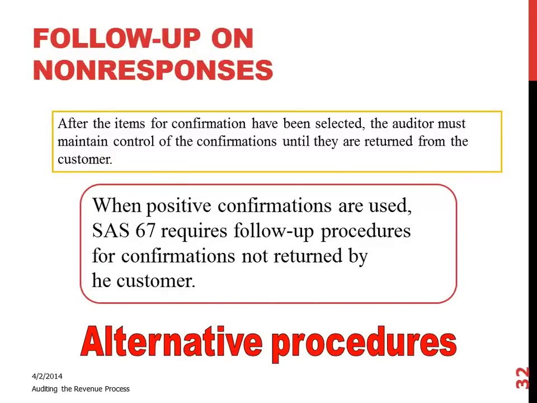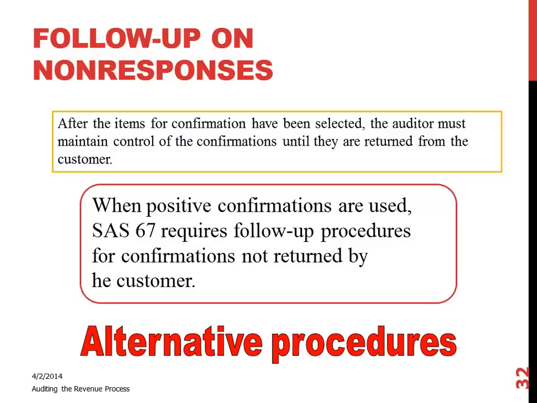Now, the standards also say that it's not enough to say that I sent out a confirmation and the customer didn't respond, and I'm going to take that as a positive, that because they didn't respond, this balance is correct. You have to perform follow-up procedures. Under SAS 67, when positive confirmations are used, you have to perform follow-up procedures for those confirmations that have not been returned by the customer, to gather evidence about the amount recorded.